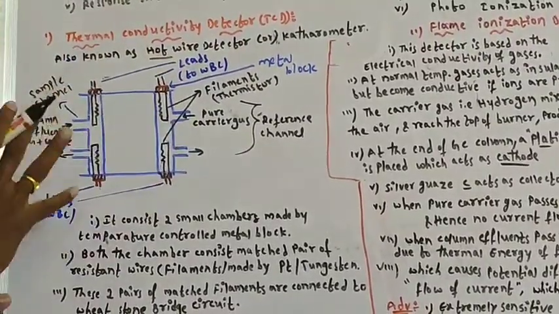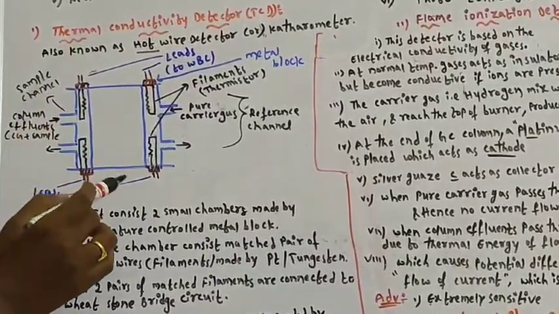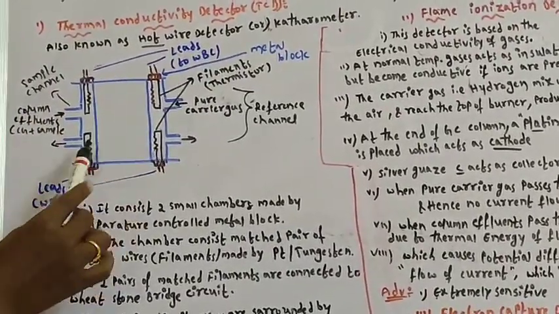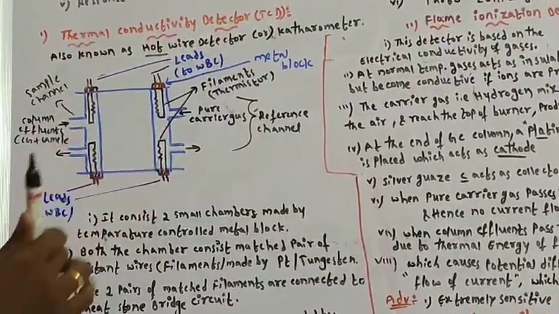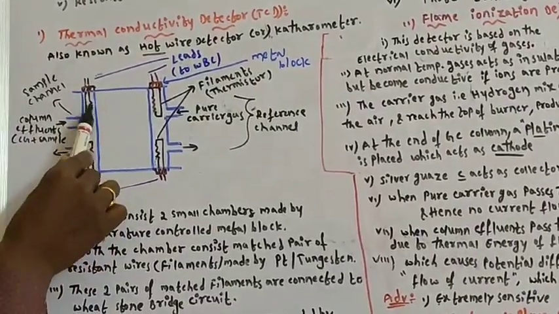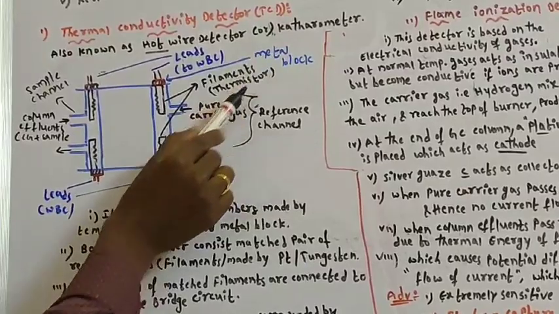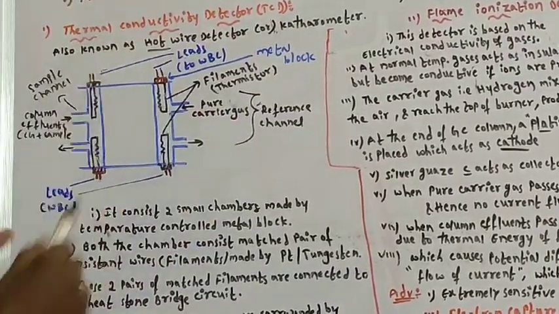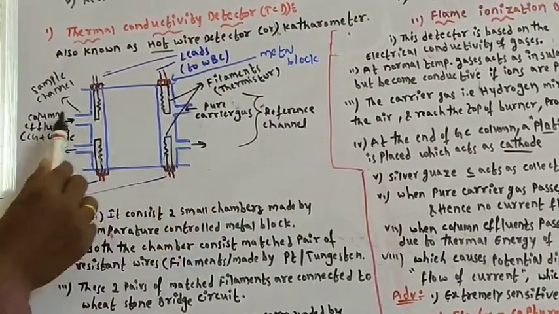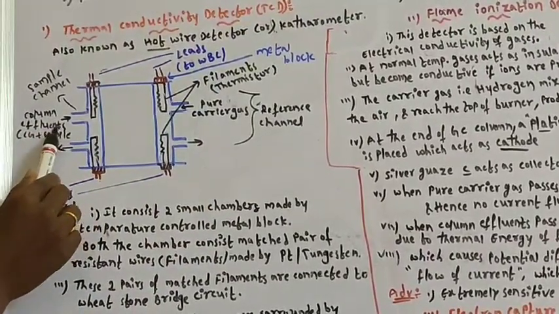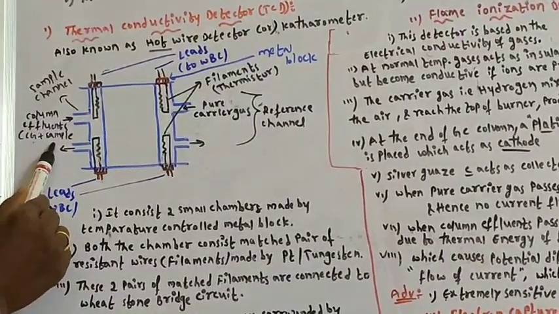This is the construction of TCD. You can see these two are the chambers. These are the filaments or wires, also known as thermistors. In this way, pure carrier gas will flow, and in this way, the column effluent, which has carrier gas as well as sample.